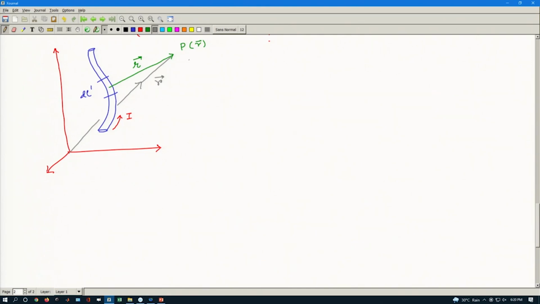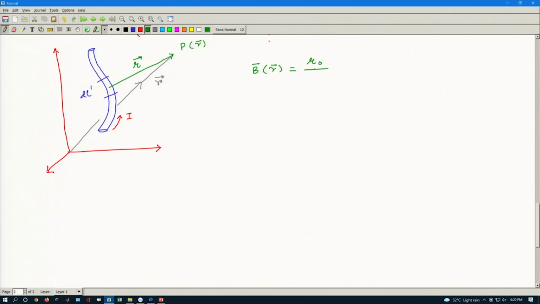What should be the magnetic field at point P? My magnetic field B at r should be proportional to the amount of current flow, proportional to the amount of this length, and inversely proportional to r square. That we know.